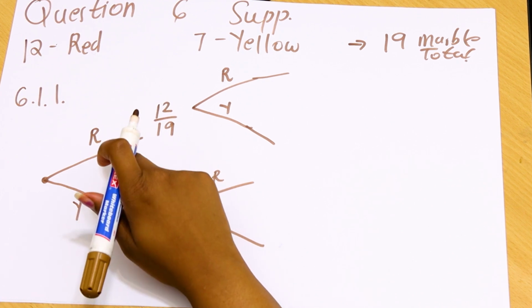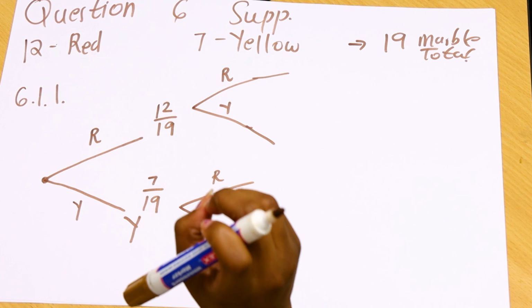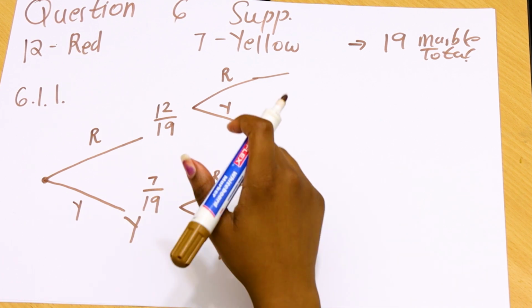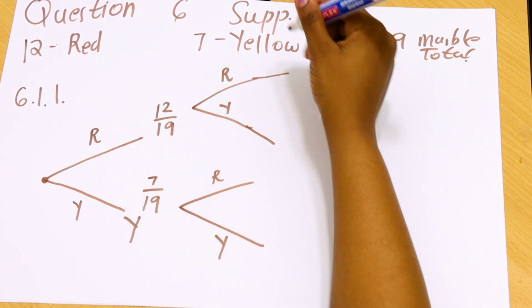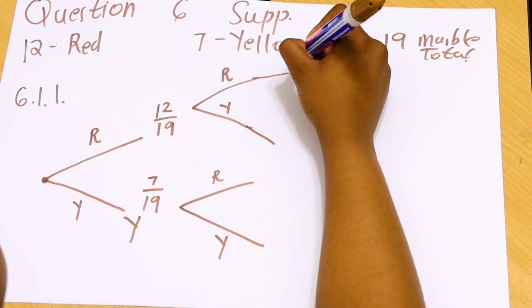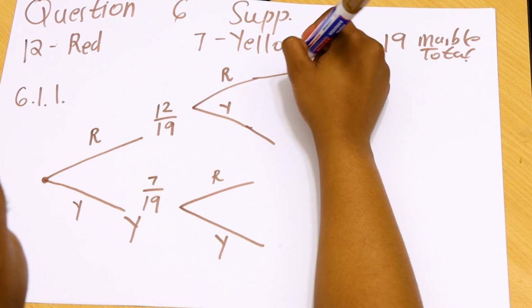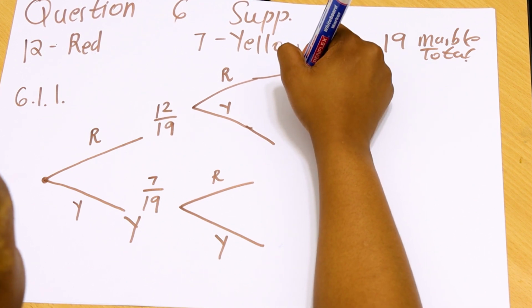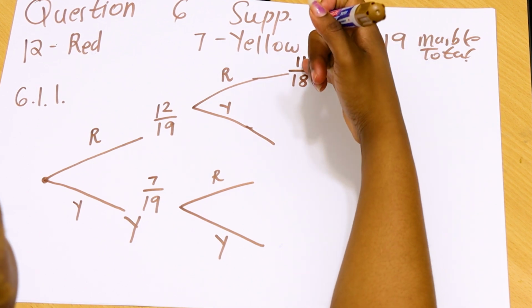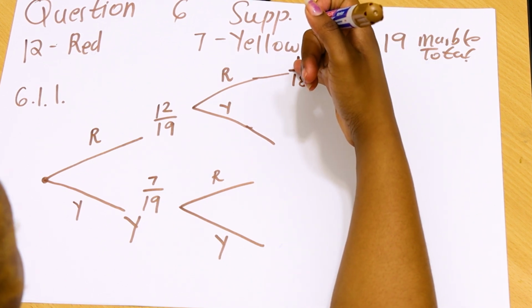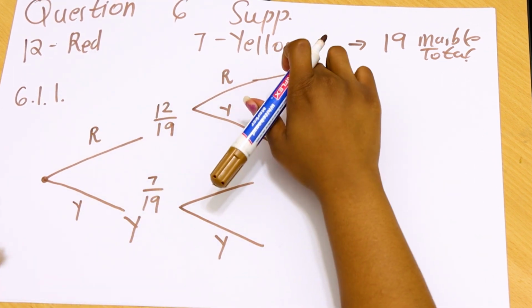Another thing for you to note is that because you took one marble out, you now have a total of 18 marbles left. So here, the probability is going to be 11 over 18 of you taking a red marble again. Why? Because you now have 11 red marbles left if the first one you took was red.